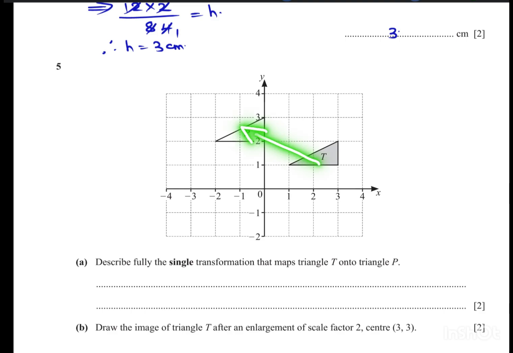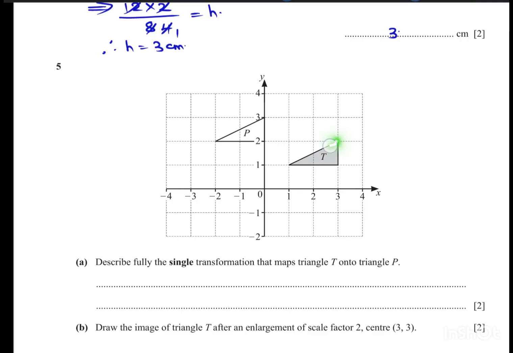It has moved here. So now when you see such a transformation, you have to definitely understand that it is translation. But what is the vector, find out. So let us take one of the vertices and just count how it is moving.